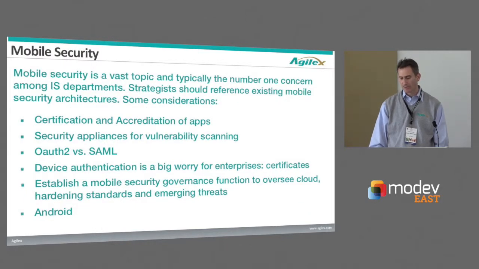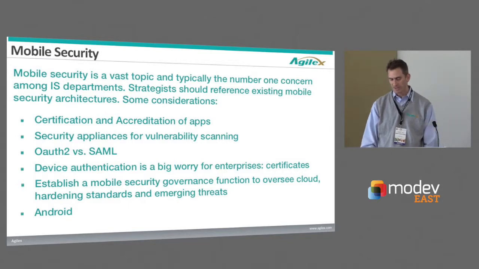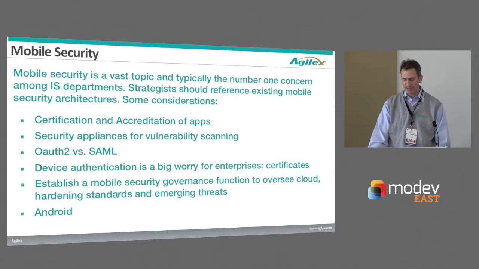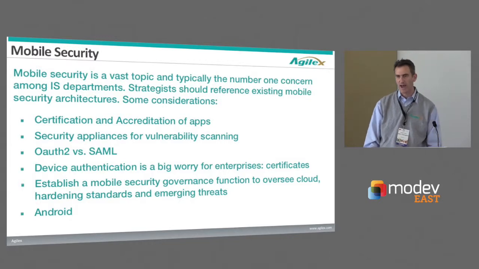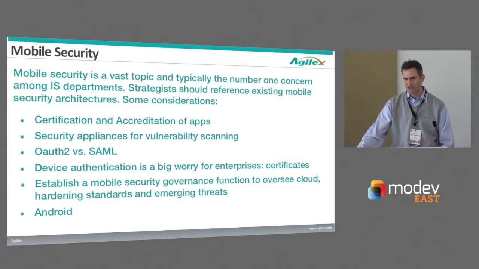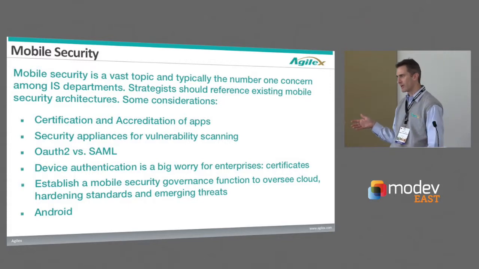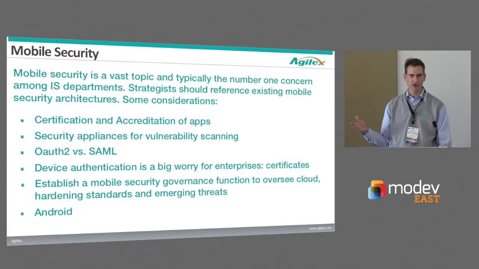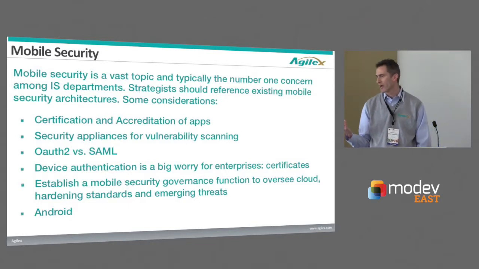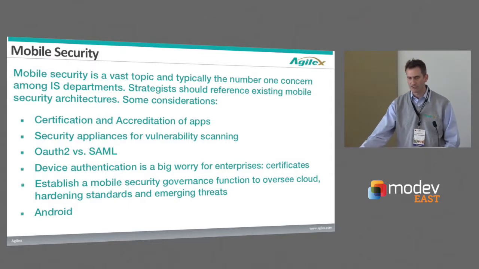Yeah, mobile security. Someone could give an entire session on mobile security, but some of the considerations are certainly around C&A. Typically, when you're developing an application, it has to go through some kind of accreditation and certification process where a third party or information security is testing it, doing vulnerability scanning, to make sure that there are no vulnerabilities with the app.